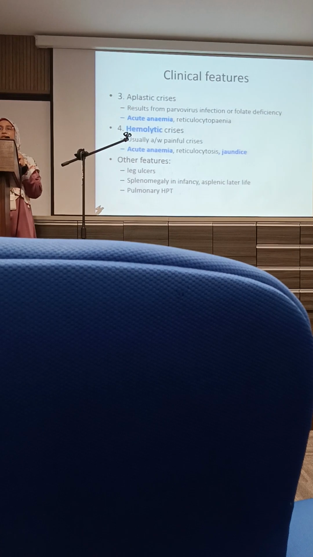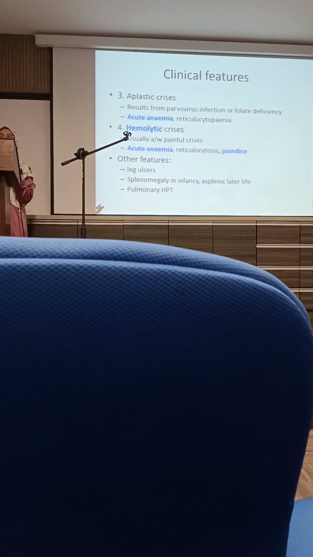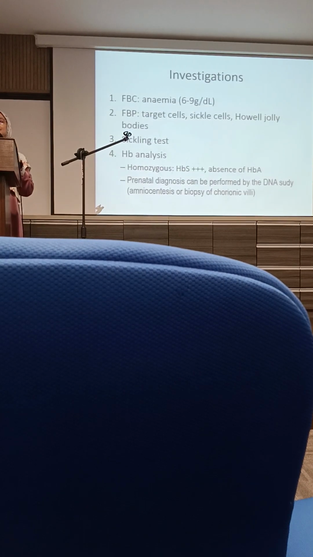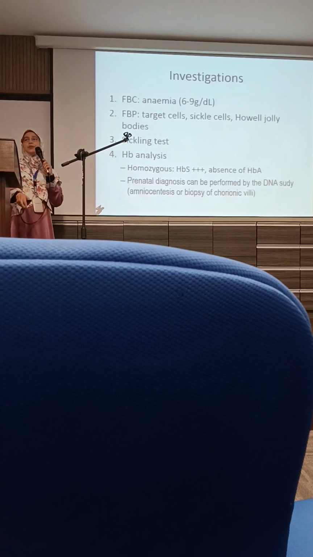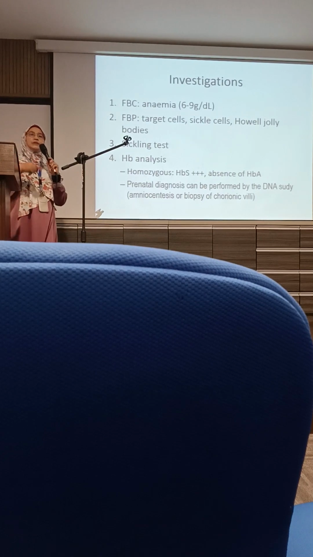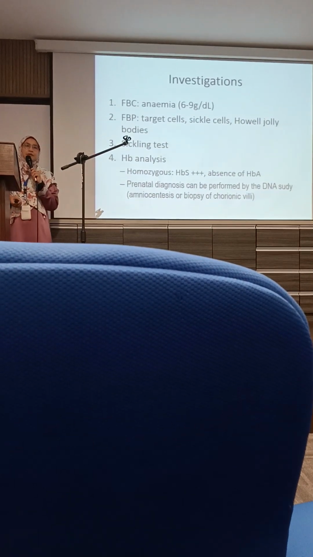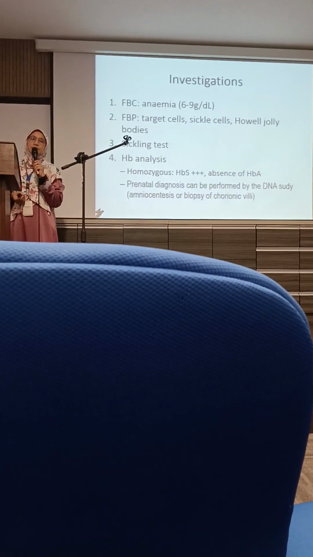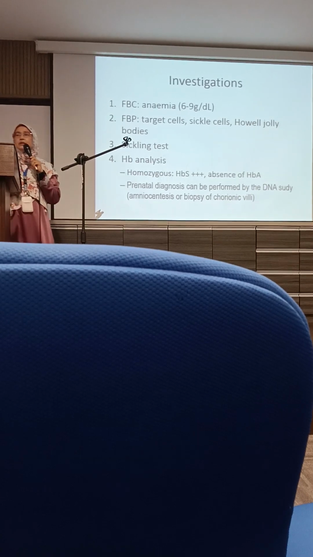And they can have hemolytic crisis, and other features are like leg ulcers, splenomegaly in infancy, and pulmonary hypertension. Sickle cell ni jarang lah jumpa. Occasionally ada among our population, but now with the tourism and all that, you may see more patients with sickles.